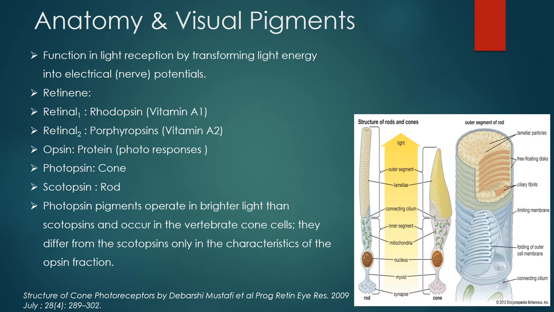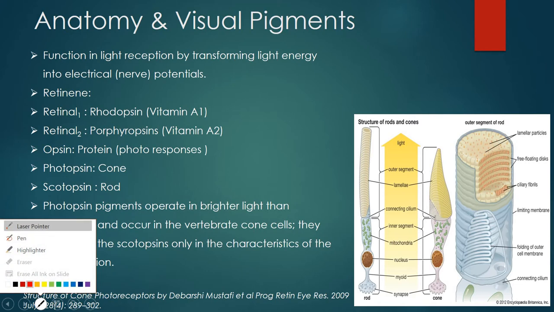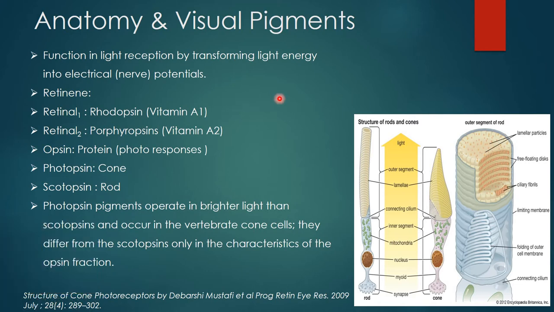Then, how do the photoreceptors work? Photoreceptors have proteins called opsins, which respond to light. Cones have photopsin and rods have scotopsin.